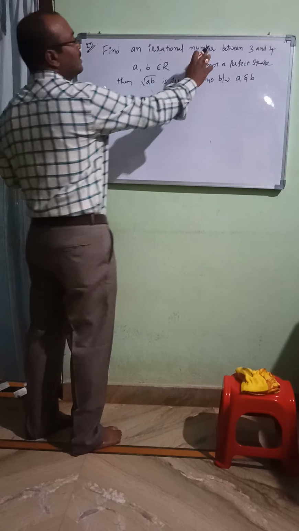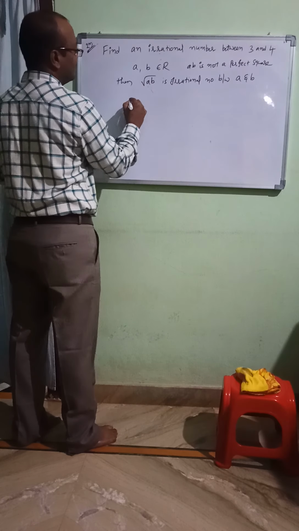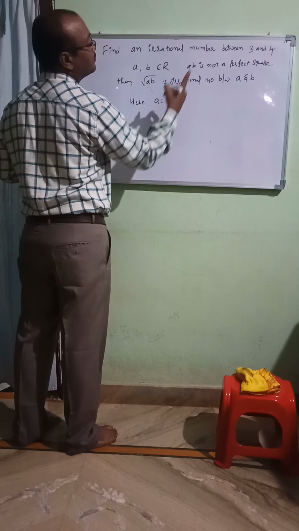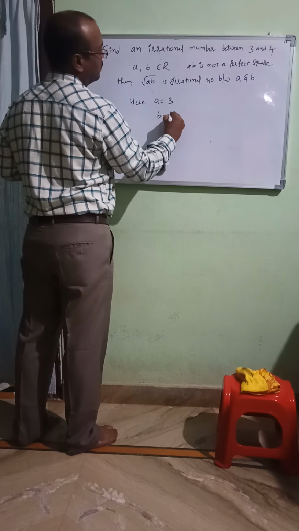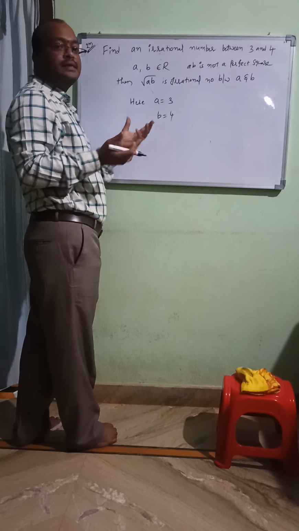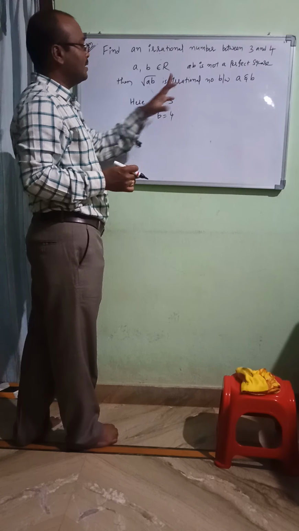Root of AB is an irrational number. Now the question is: an irrational number between 3 and 4. So here, A is equal to 3 and B is equal to 4. The multiplication of 3 and 4 is 12. It is not a perfect square. So root of AB will be an irrational number.